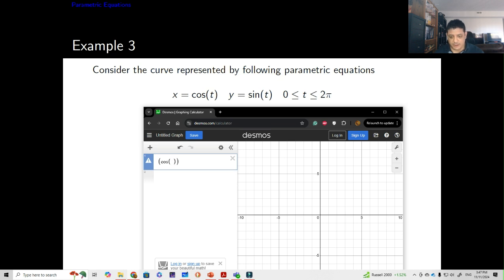So for example, if I want cosine of theta for x, then sine of theta is y. So sine of theta. Okay. And then here I'm going to specify where theta is going.